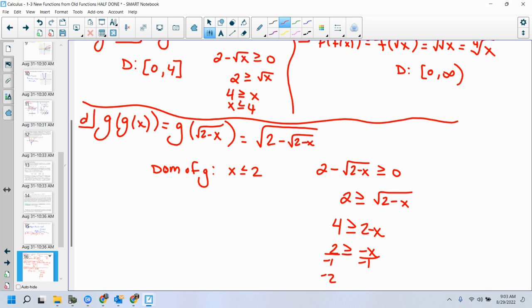So -2 less than or equal to X. So that's going to be X is greater than or equal to -2. Okay, so now I have to say greater than or equal to -2, but still less than or equal to 2, right? I have to look at my domain of G and combine it with my domain of G of G. So in this case, my full domain is going to be -2 to +2.